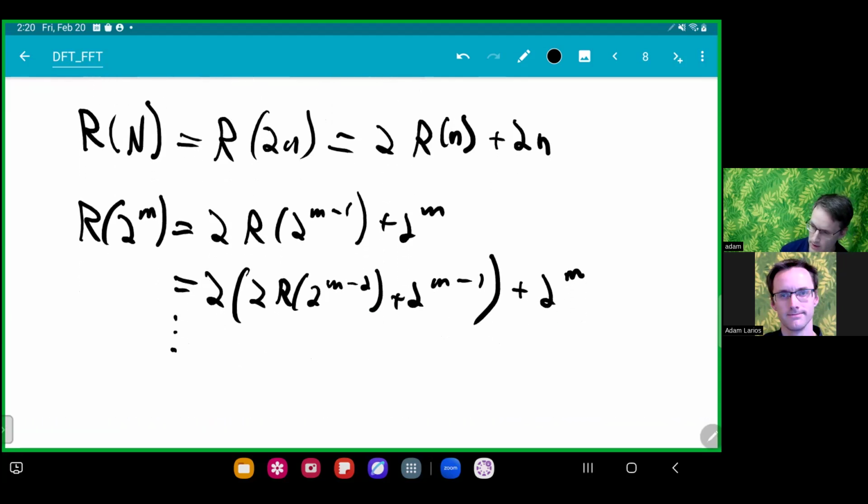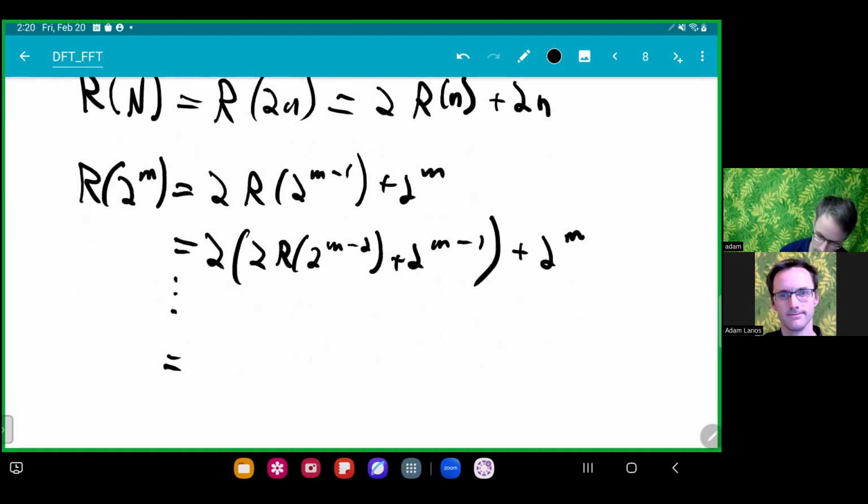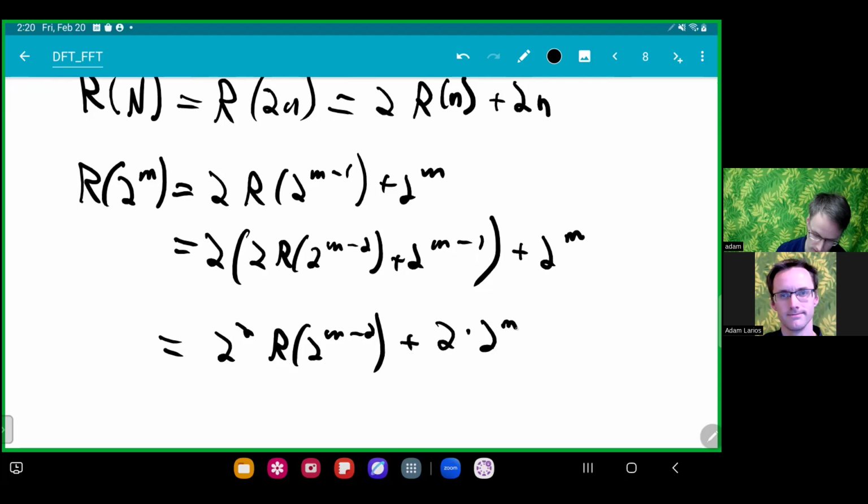Adding these up all the way down, we'll get a 2 squared out of here and then a 2 cubed and so on. Maybe I should just write that out. This is 2 squared times R 2m minus 2 plus, well, it's going to be 2 times m minus 1 plus another 2m. So that's 2 of these 2m's.